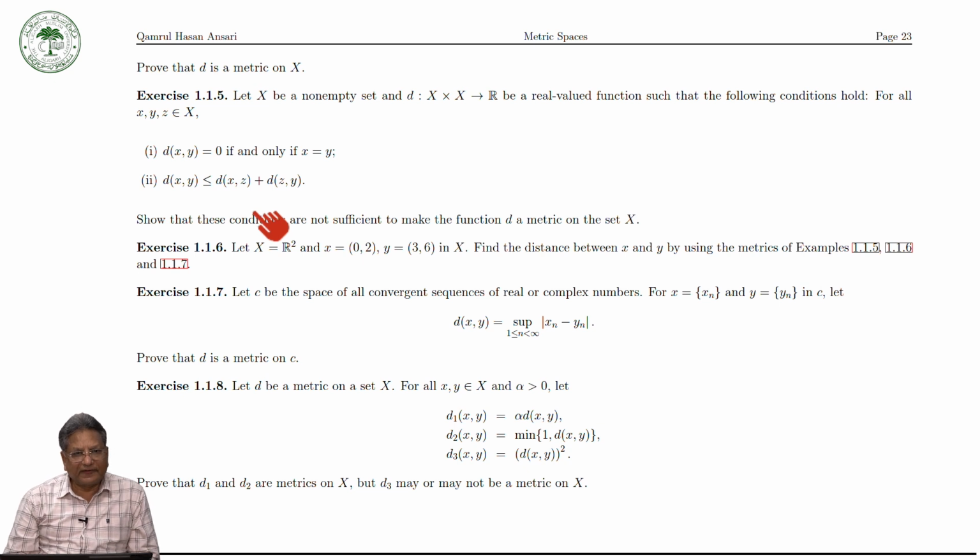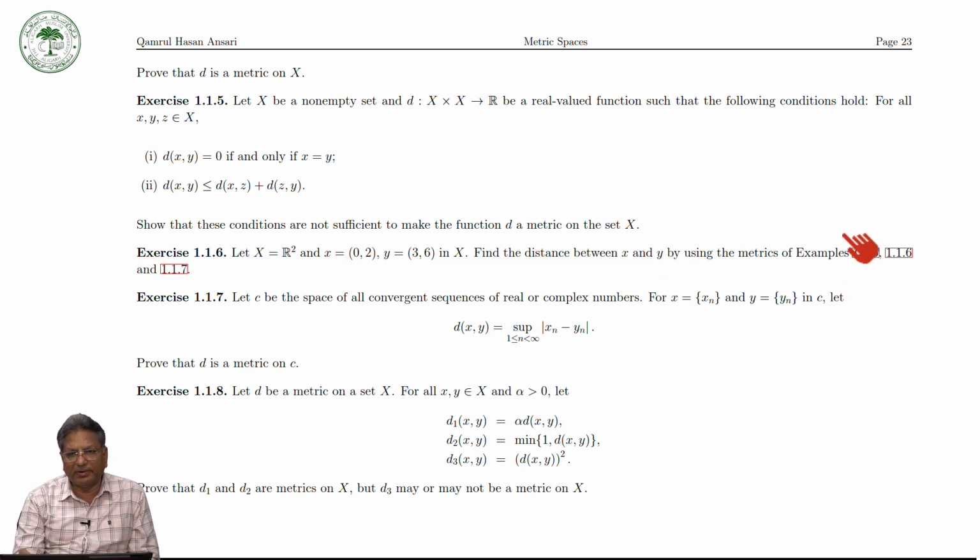Okay, let us take any 2 points x is equal to this and y is equal to this, and then you can find the distance between x and y by using different kinds of metrics defined on X equal to R2.